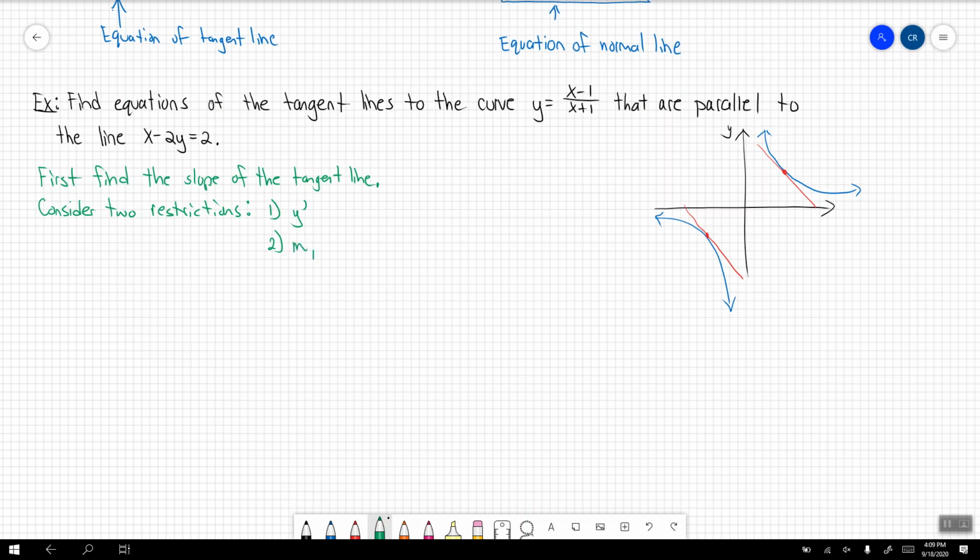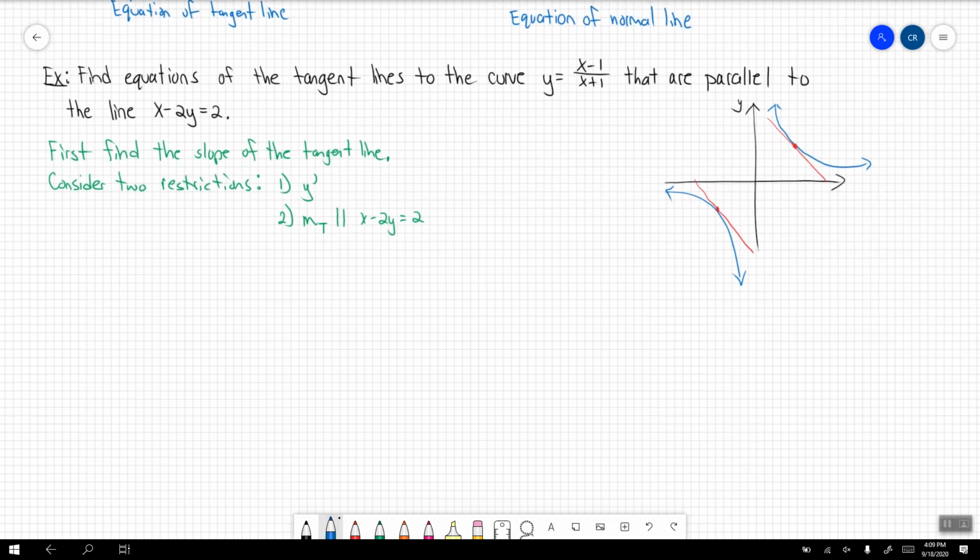We're going to denote parallel as these two vertical parallel lines. So the slope of the tangent line will need to be parallel to the slope of the given line. So we need these two restrictions. One might be easier to find than the other, but we're going to need both of them at the end of the day.